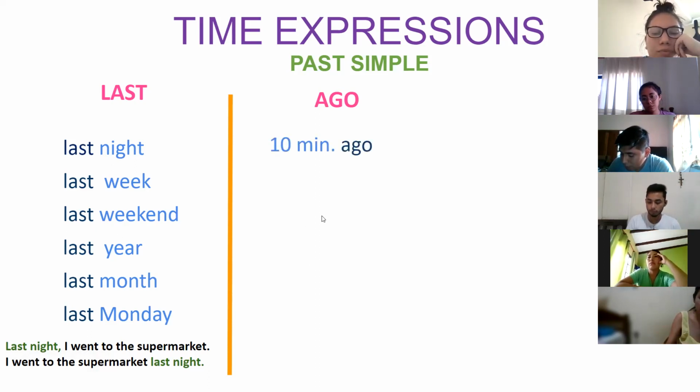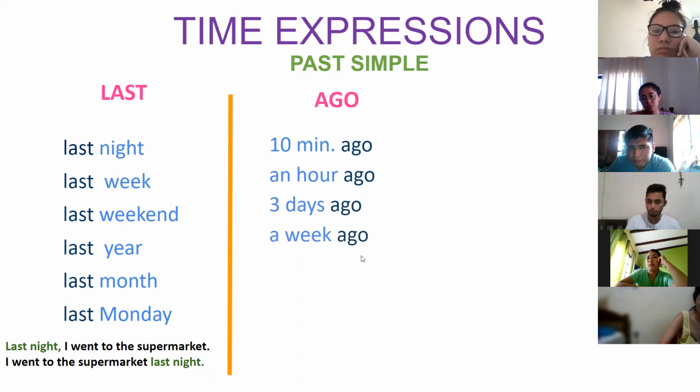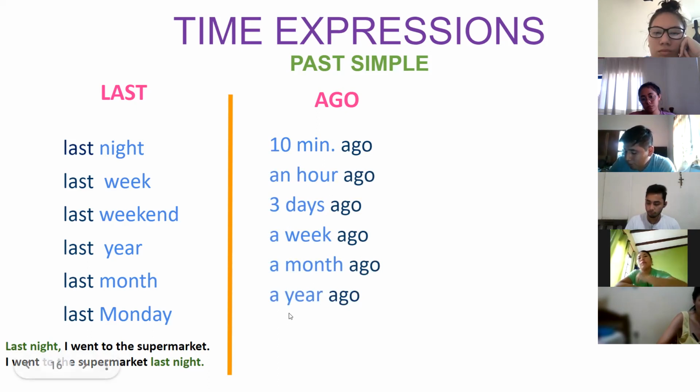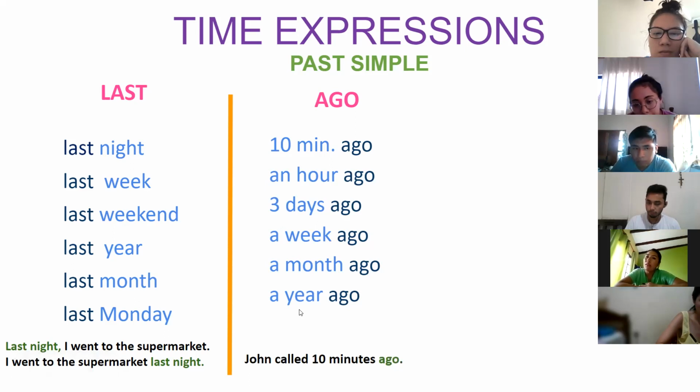A month ago, minutes ago, 10 minutes ago, an hour ago, 3 days ago, a week ago, a month ago, a year ago, o podemos cambiar los números, por supuesto. For example, John called 10 minutes ago. Very good.